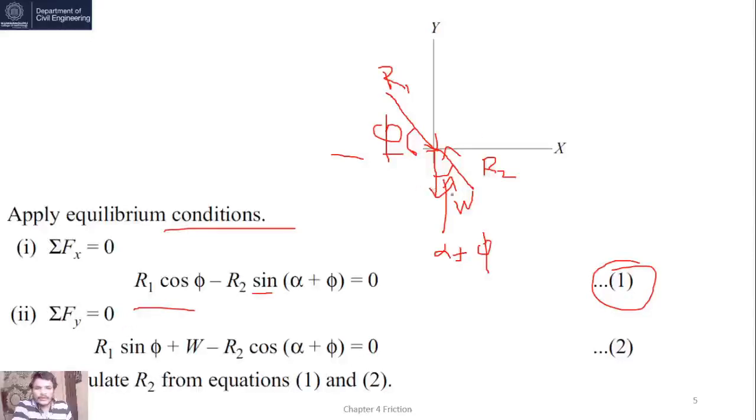So I need to resolve the forces in the vertical direction. So here this R2 cos alpha plus phi, actually this is plus not minus, R2 you are resolving towards vertical means upwards, R2 cos alpha plus phi, and R1 sin phi, and minus W. This is not plus, this is minus W. So R2 cos alpha plus phi minus R1 sin phi minus W is equal to 0.